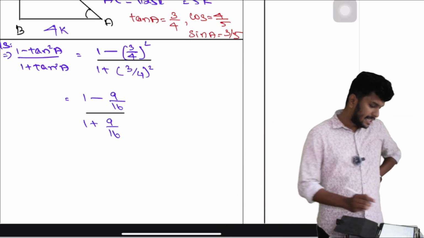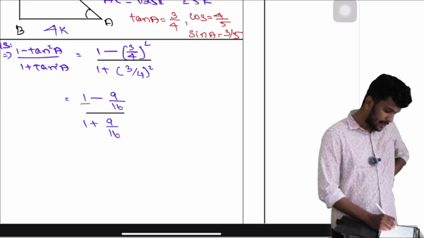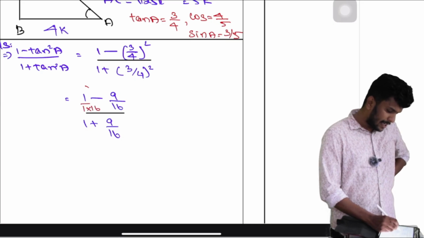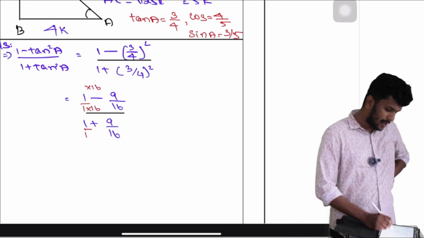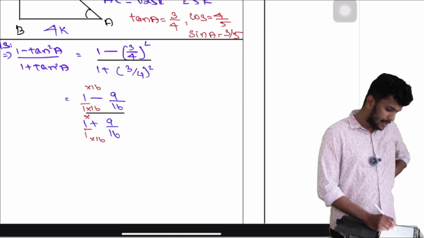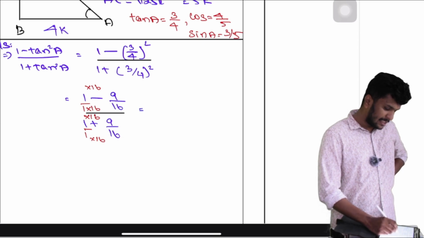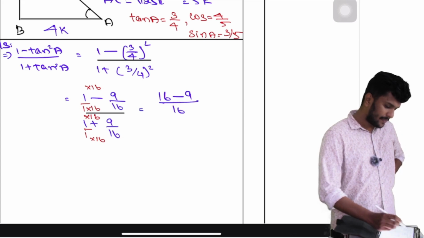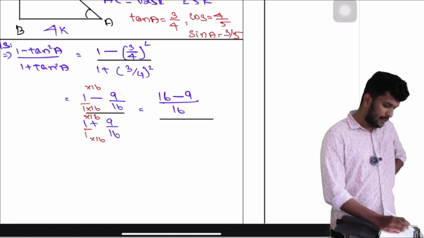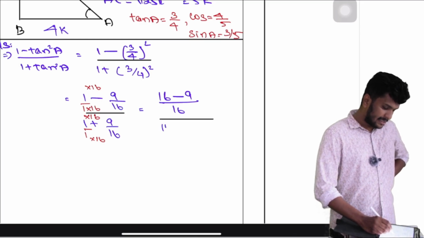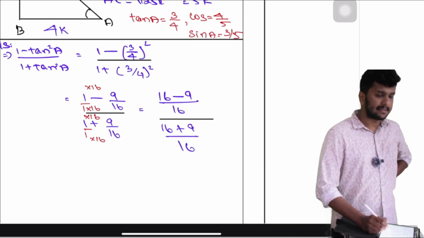Now what to do, everyone? Take LCM in numerator and denominator. So what will you have over here? 16 minus 9 whole divided by 16, divided by 16 plus 9 whole divided by 16.